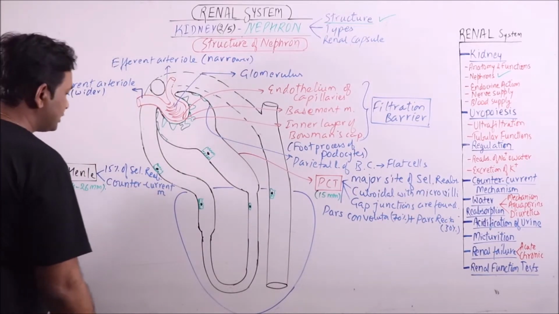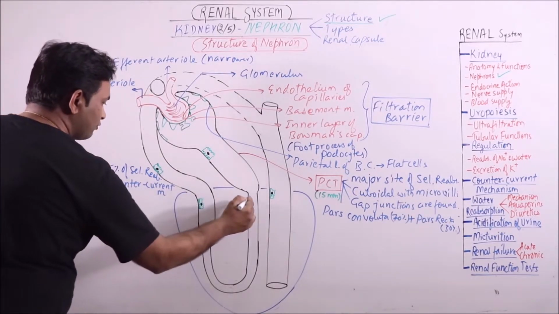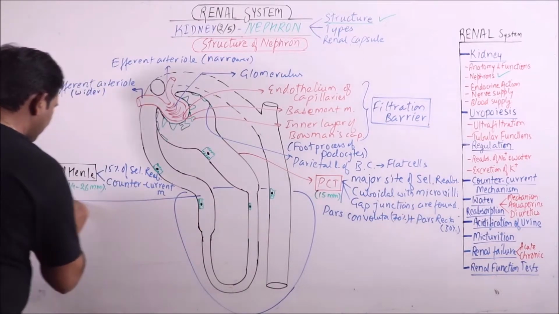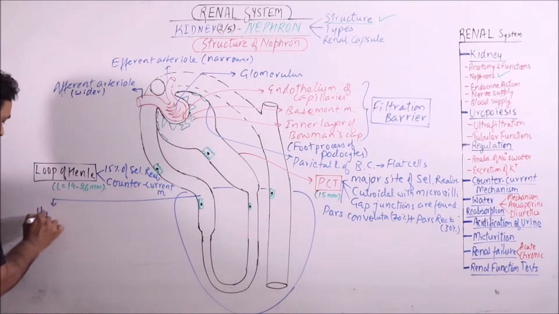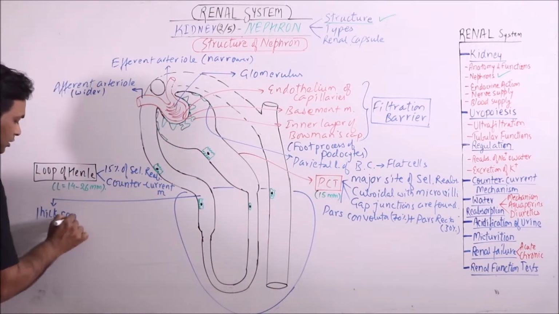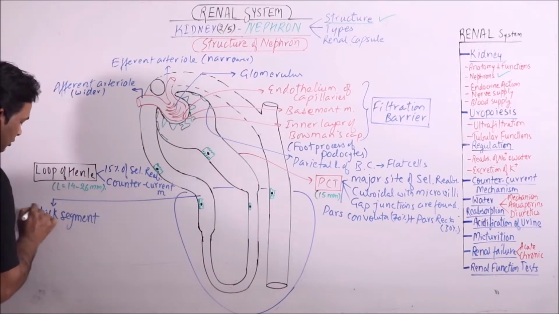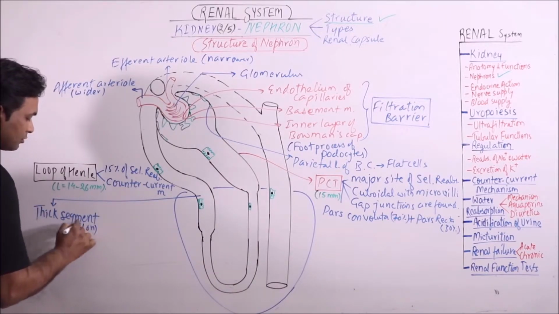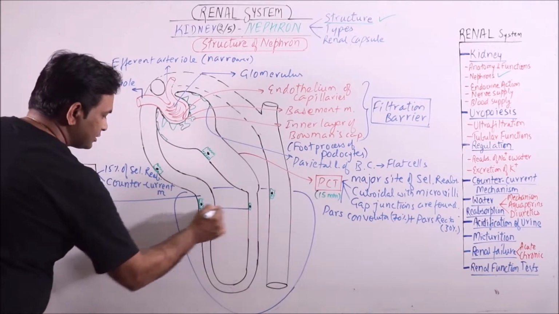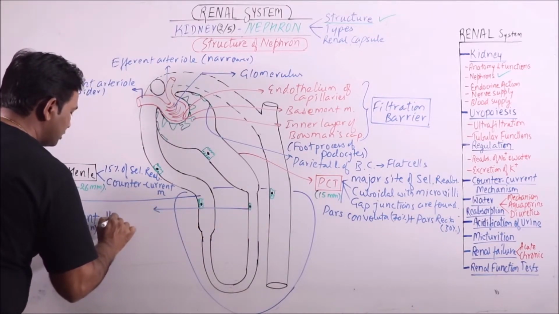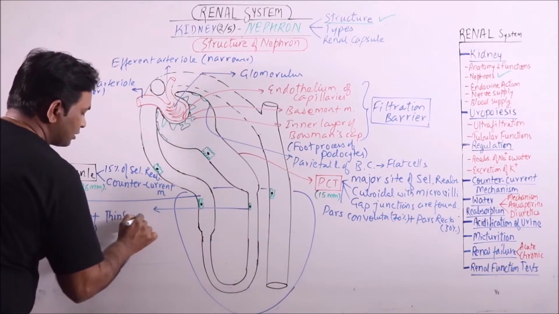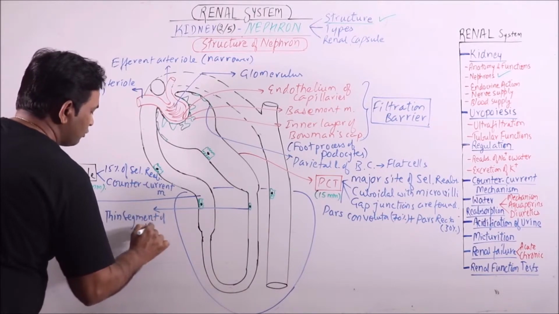Now we are comparing the thin segment and the thick segment of loop of Henle. So this is thick segment of loop of Henle, and this is thin segment of loop of Henle.